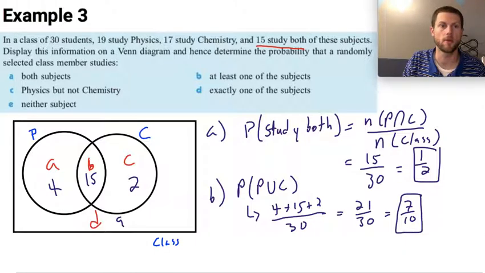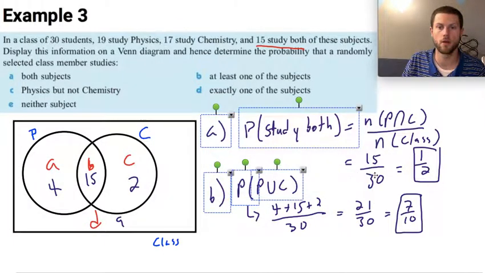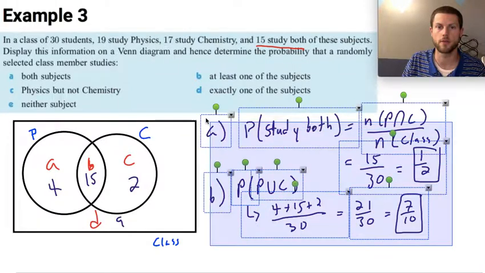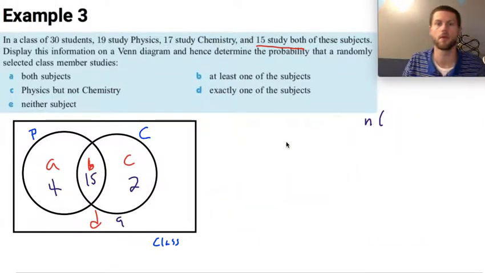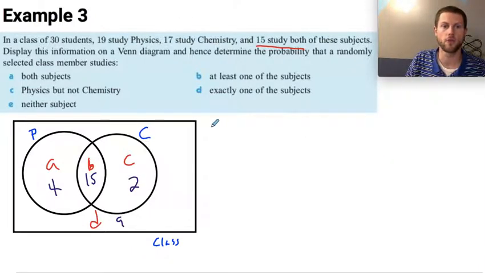Moving right along, maybe I'll duplicate this one more time. Let's get rid of all this. For C, I want the probability that we study physics and not chemistry.